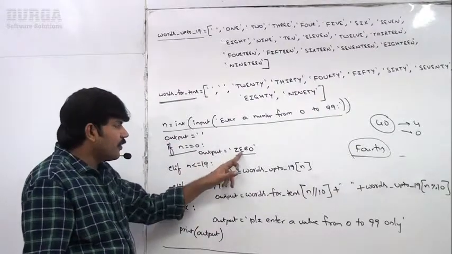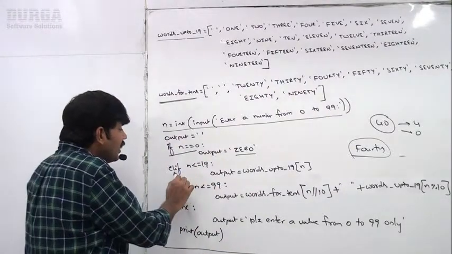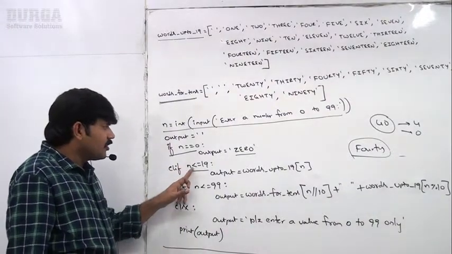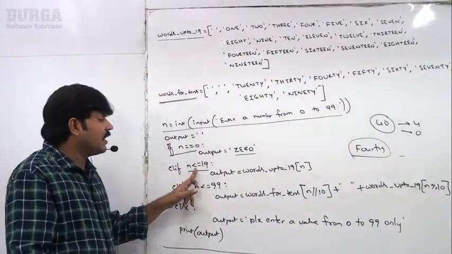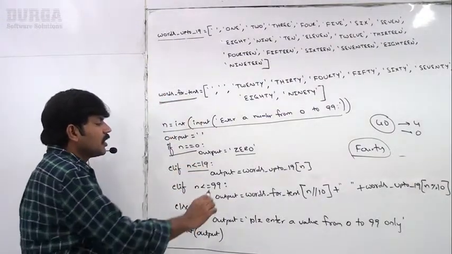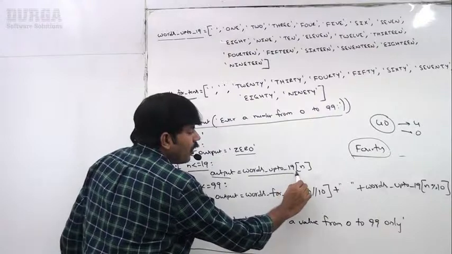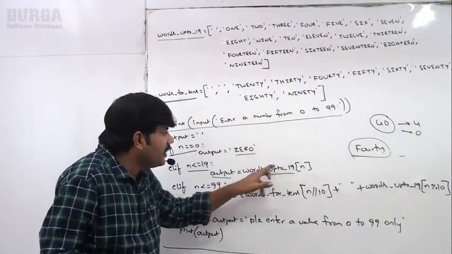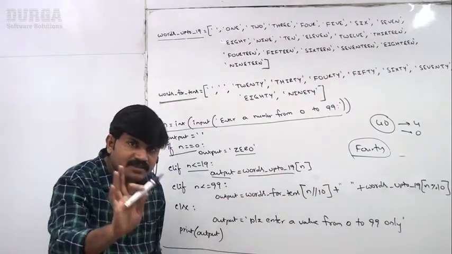Elif n less than or equal to 19, boss, up to 19 words are available here. Now output is equal to words up to 19 of n. Just pass that n, the corresponding index word automatically will be selected.